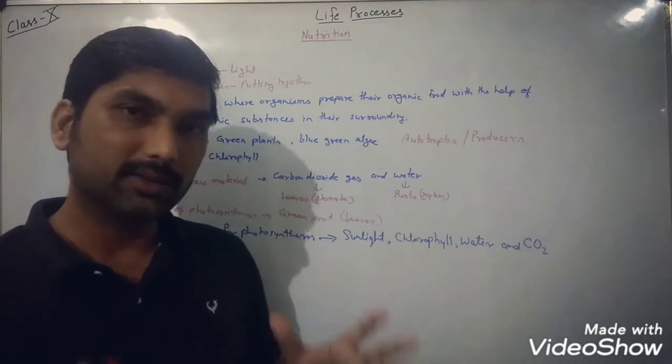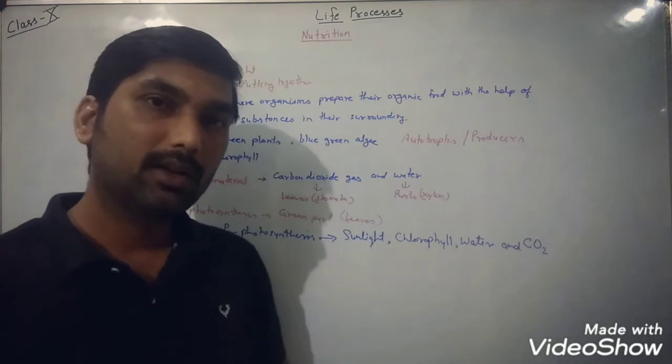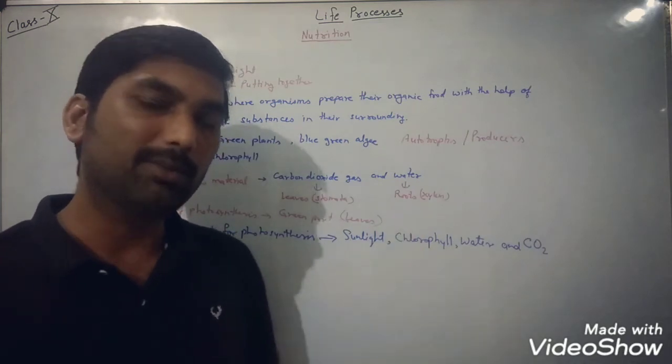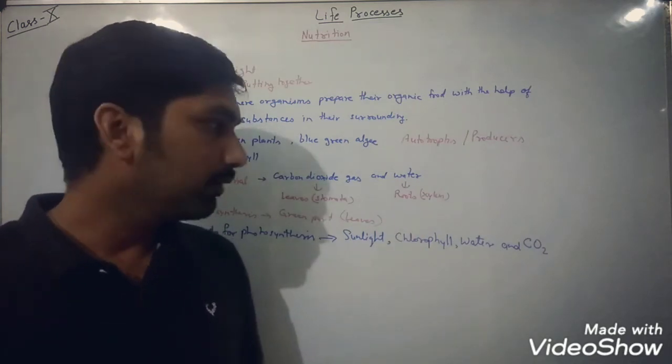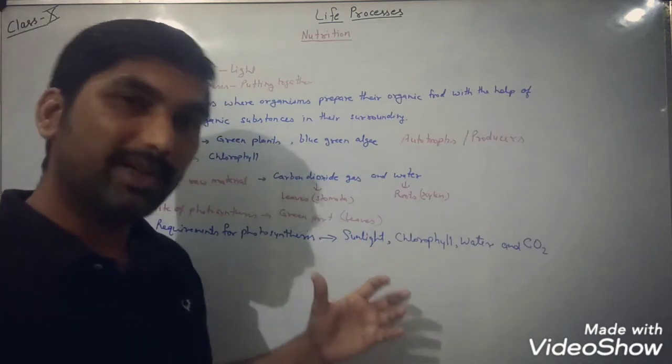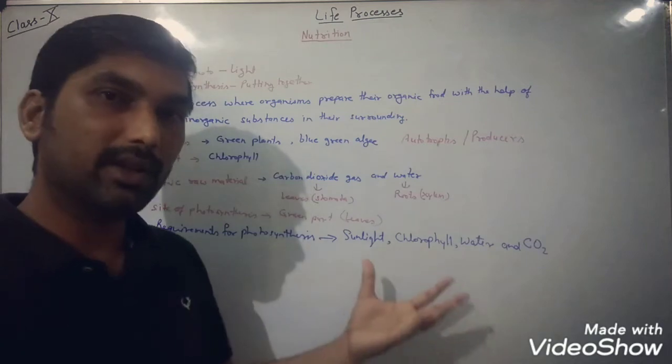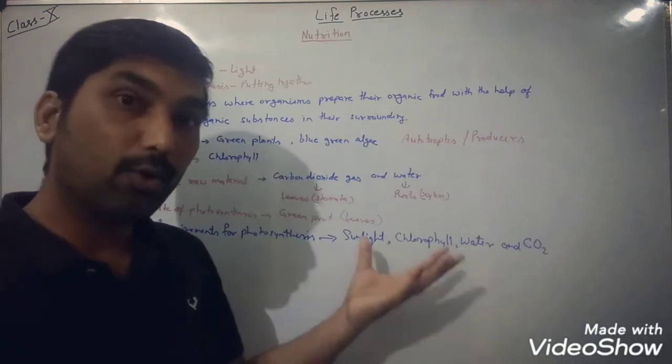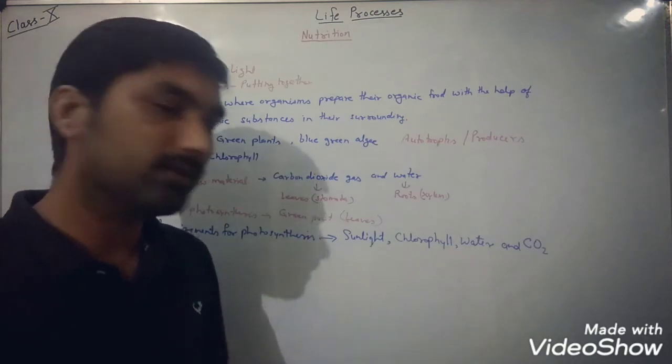These 2 experiments are very important from the point of view of your CBSE board examination. You have to prepare these 2 experiments, because they are frequently asked as long answer type questions, 5 marks questions.